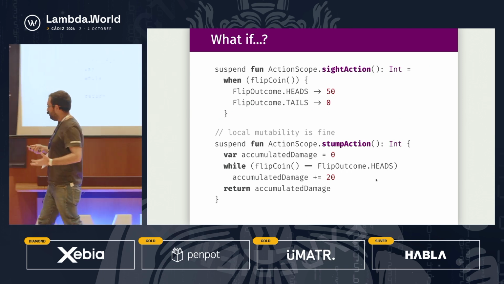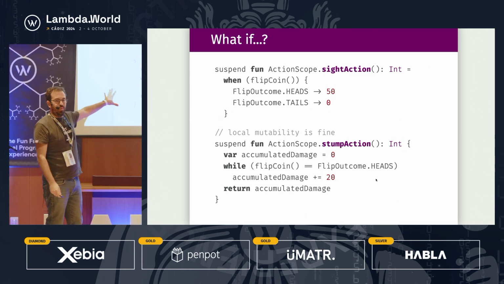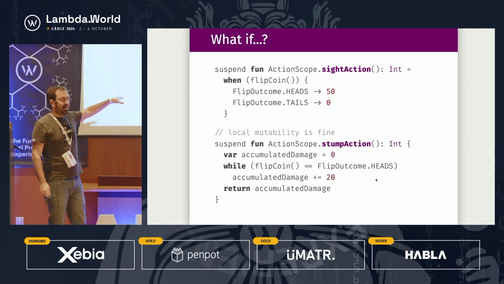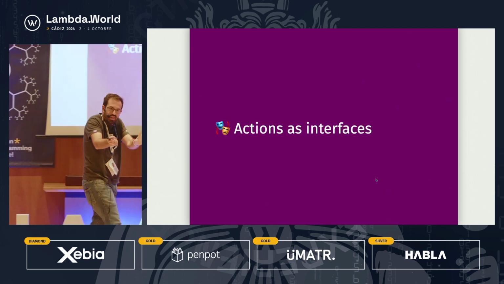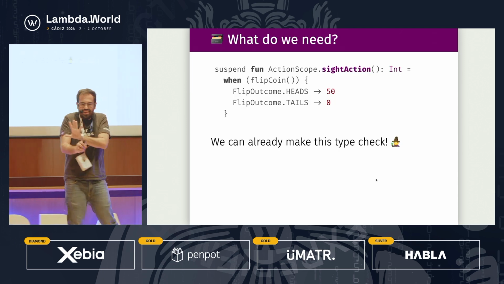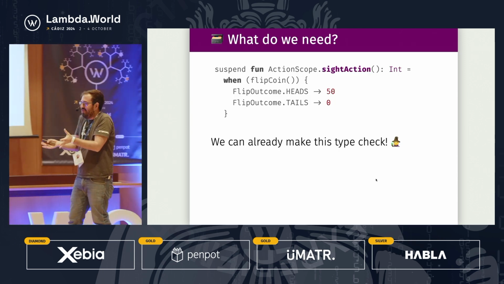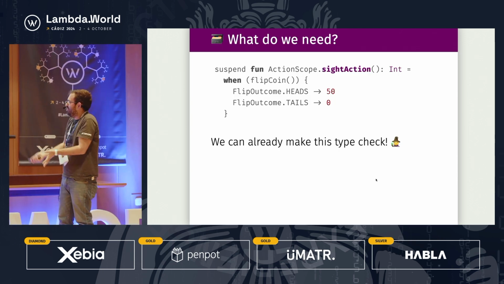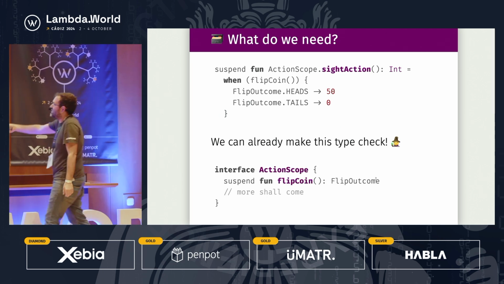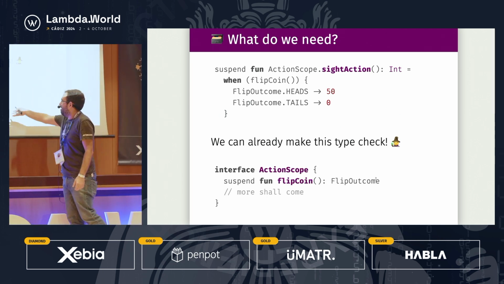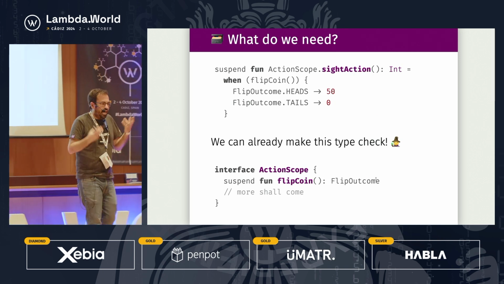So the question here, and the point of the talk, is, can we get this syntax? And the answer is actually yes. You already know how to do this. It's actually quite a simple thing. Sure, can we make this type check? Yeah. Let's say that we have an interface.